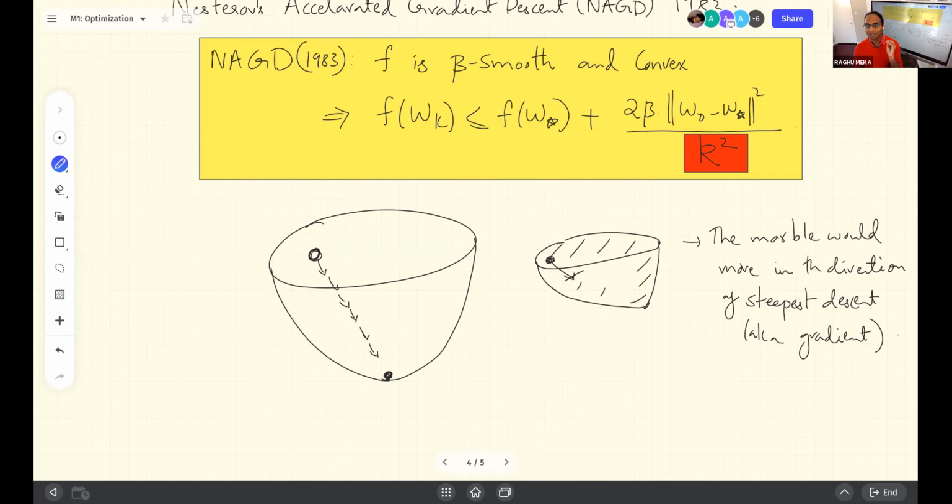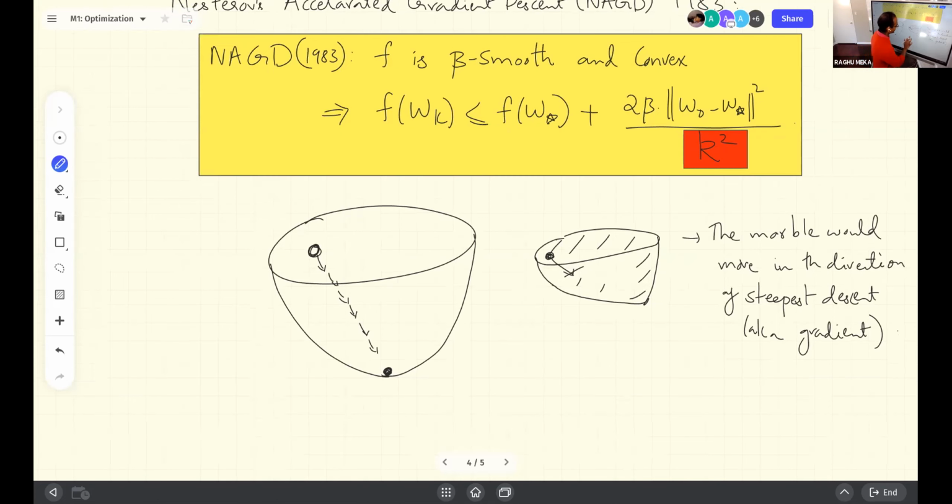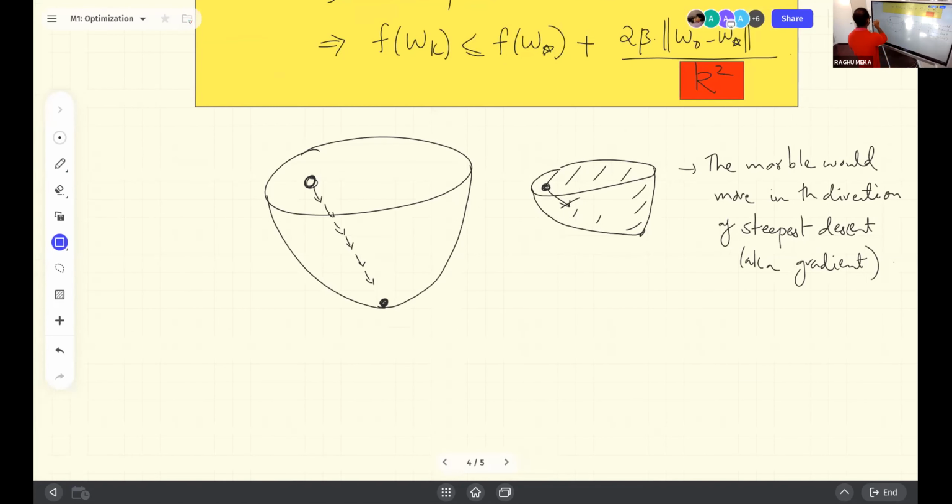But now remember, we are in the real world. So the marble has some mass and there is some friction. So what happens as you keep going? It's very hard for me to draw this, but let me try nevertheless. So it will accelerate. It will accelerate, meaning? It starts moving like, maybe here the steepest descent is in this direction.